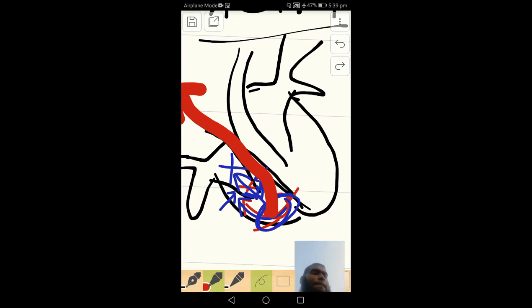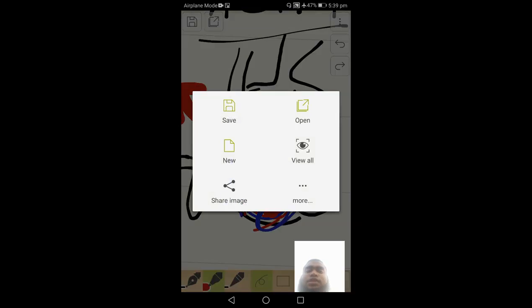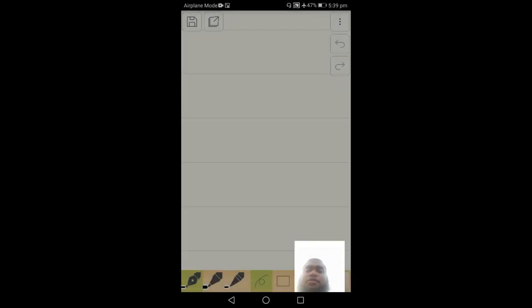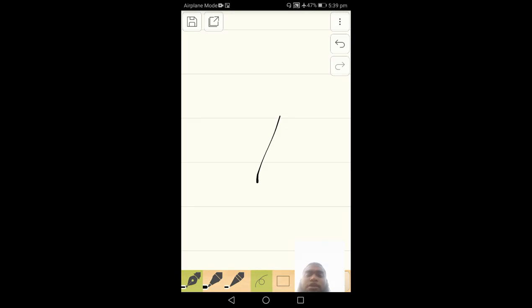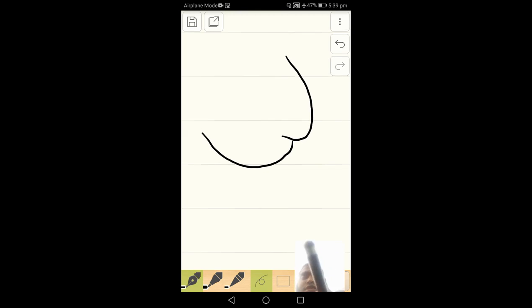Now let's clear the screen. So there is a valve in the right side of the heart, as well as a valve in the left side of the heart.